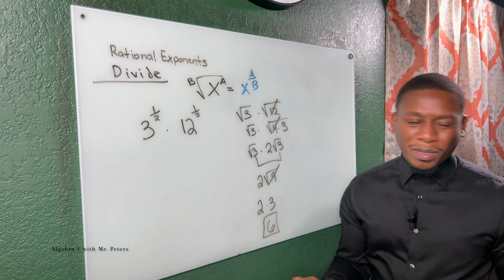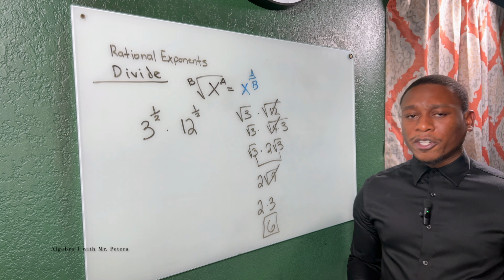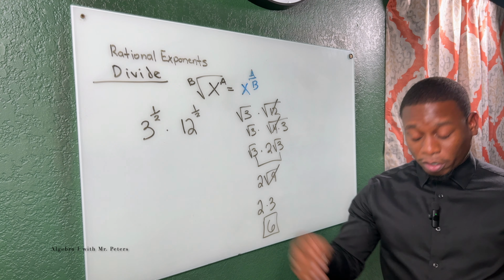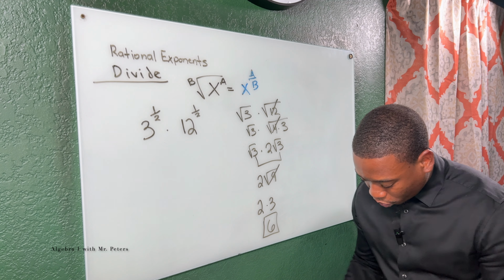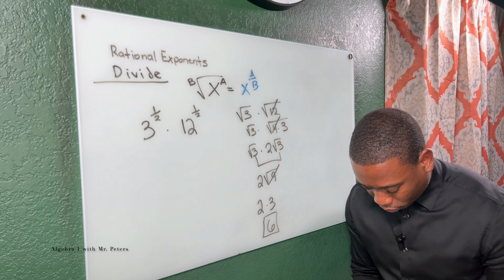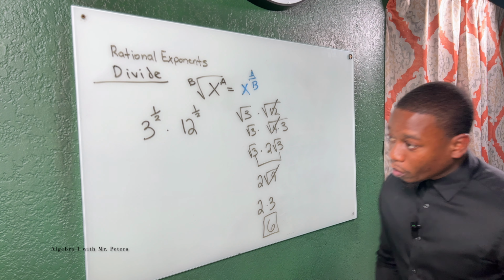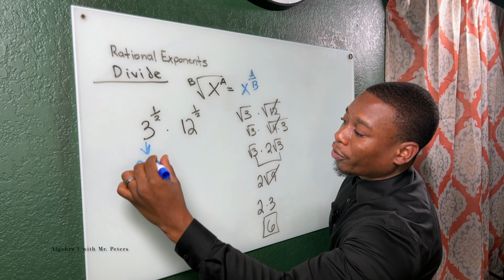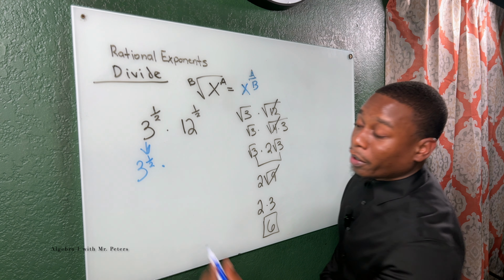Now I know you guys are saying, Peters, we're talking about rational exponents. Why are you showing us that? Because I need you to see the easier version so that you understand the harder version, okay? And let's just switch to blue just to make sure that we're on the same track. All right, so this stays the same, right? 3 to the 1/2 multiplied by what?